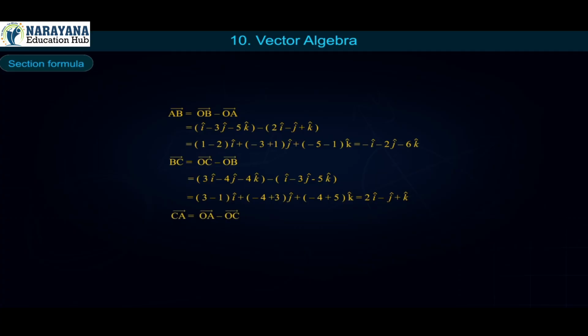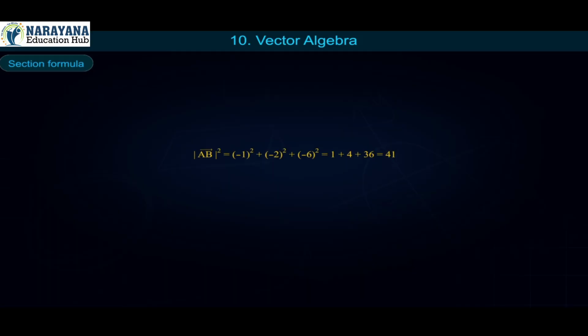Vector CA = vector OA − vector OC = 2i cap − j cap + k cap − (3i cap − 4j cap − 4k cap) = (2 − 3)i cap + (−1 + 4)j cap + (1 + 4)k cap = −i cap + 3j cap + 5k cap.